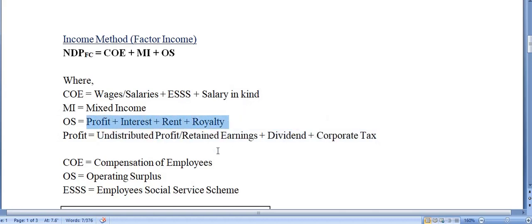Or, if you are familiar with the terms and the formula, you can simply write rent, interest, undistributed profit, mixed income. Oh, sorry, mixed income is not a part of the operating surplus. Sorry. Cross this mixed income. Dividends, yes. NIT, cross this, and corporate tax.